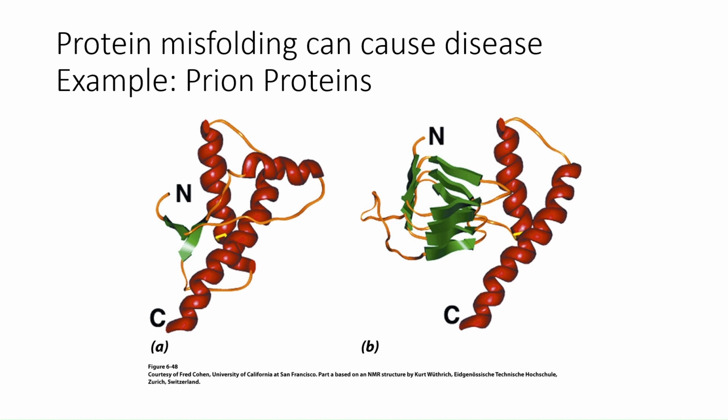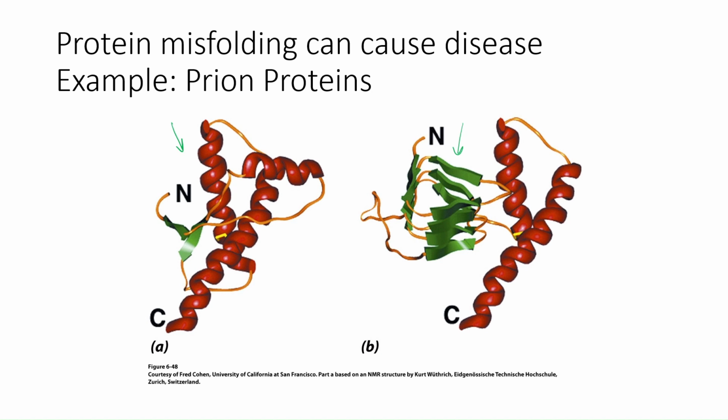Prion proteins are naturally found in your brains and your neurons, and they have some normal function when folded correctly, though we're actually not sure what the prion protein's native function is, but we all have them in our brains. They normally have, as you see on the left, primarily an alpha helix shape. But a misfolding switch can happen, which you can see on the right, and as the prion protein misfolds, it starts to form a beta sheet.